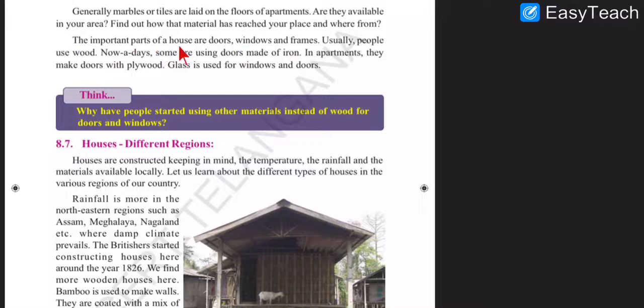The important parts of a house are doors, windows and frames. Usually people use wood. Nowadays some are using doors made of iron. In apartments they make doors with plywood. Glass is used for windows and doors.